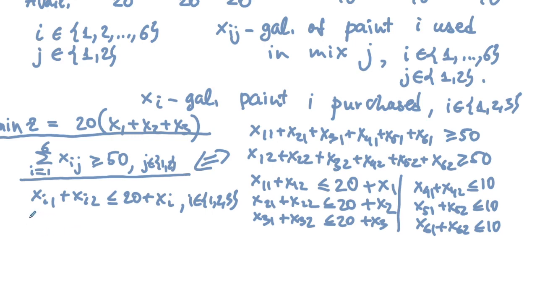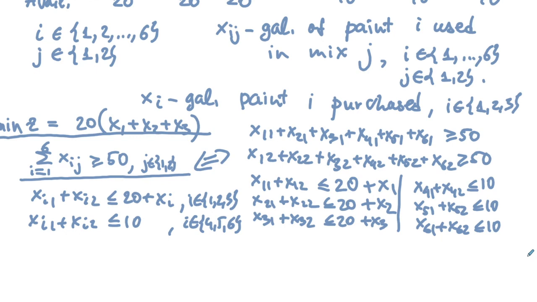And then for the secondary colors, we have xi1 plus xi2 is less than or equal to 10. This is for i between 4 and 6. These constraints are just a more compact representation of all these 6 constraints right here.